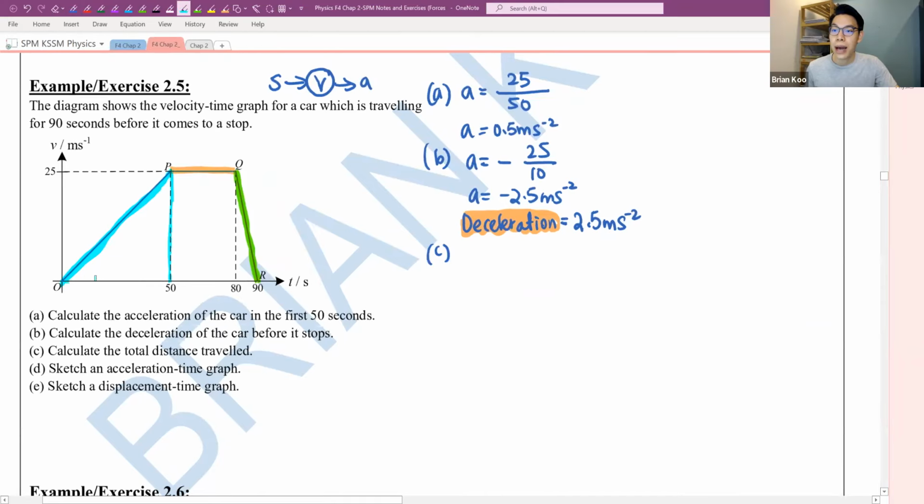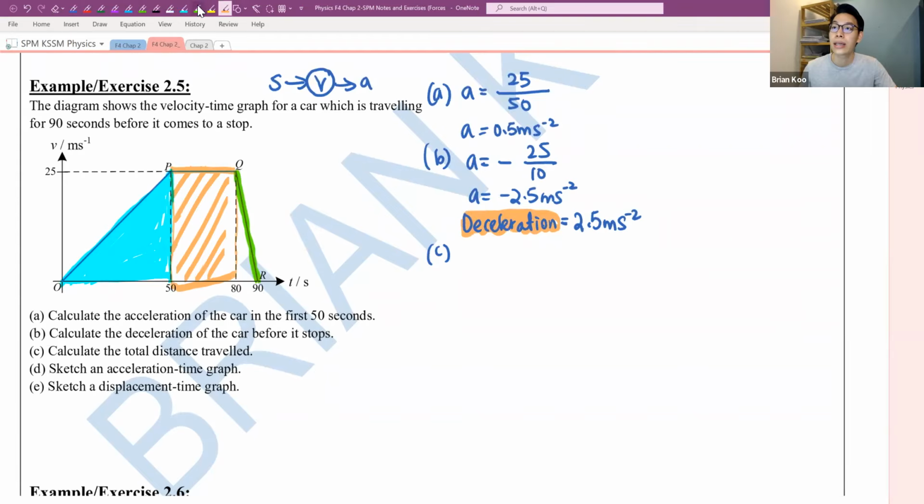So this part, I'm going to do the blue color one, and then I'm going to do the orange color one, and then the green color one separately. So later I'll tell you why I do separately. You can also do one shot as a big trapezium.